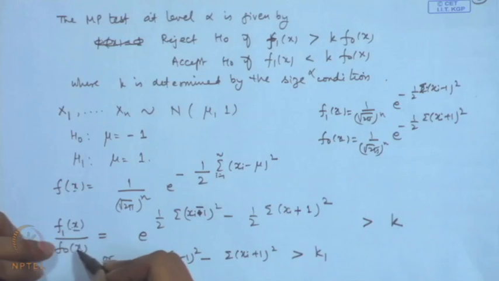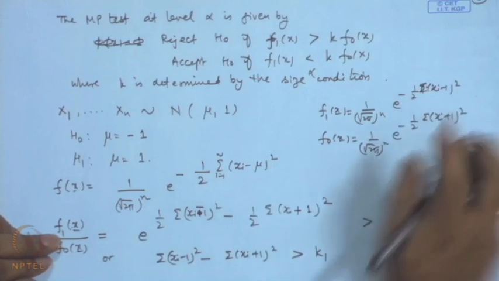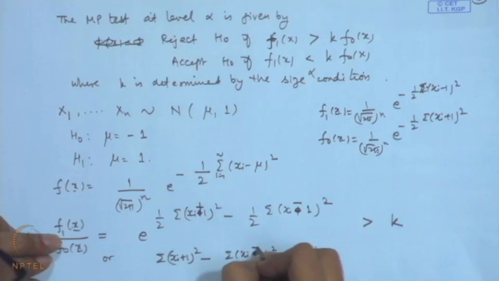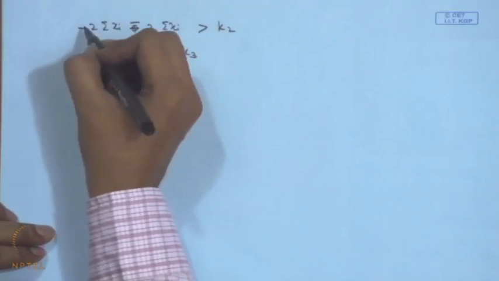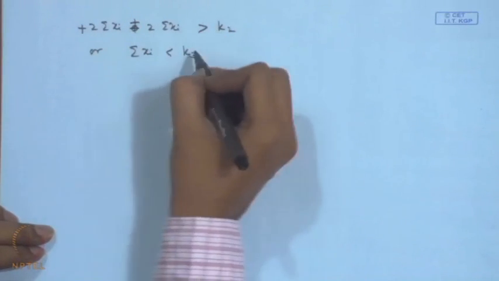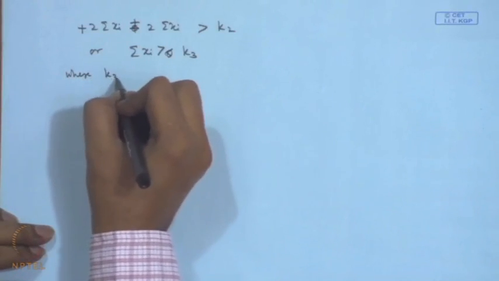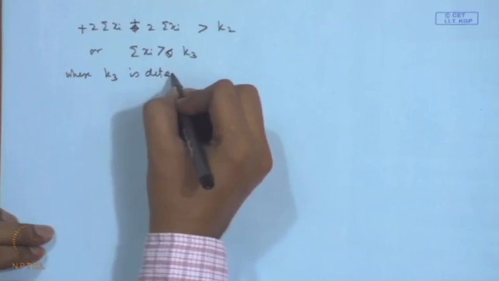So, if we consider f 1 by f naught here, then this will become plus here and this will become minus here. So, here we will get plus and this will become plus. So, this is greater than k 3, where k 3 is determined by the size condition.